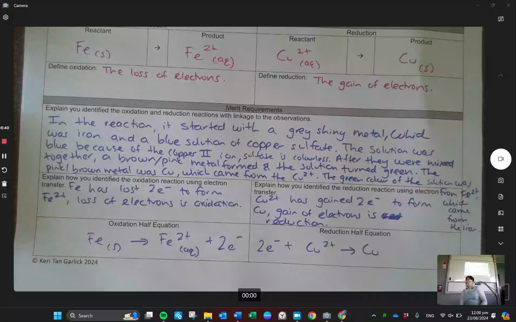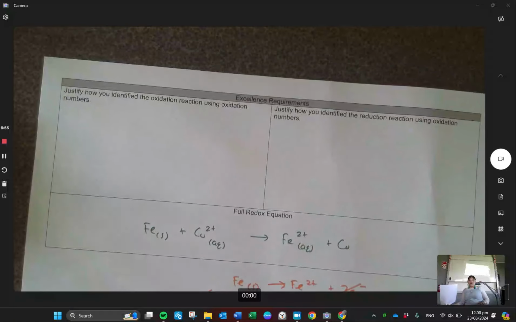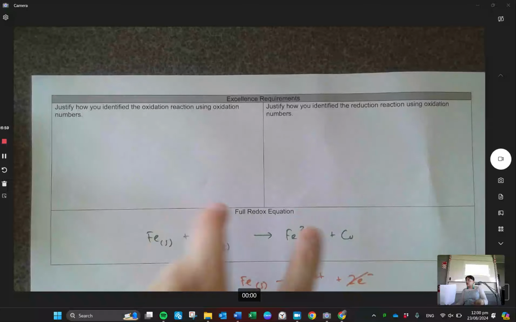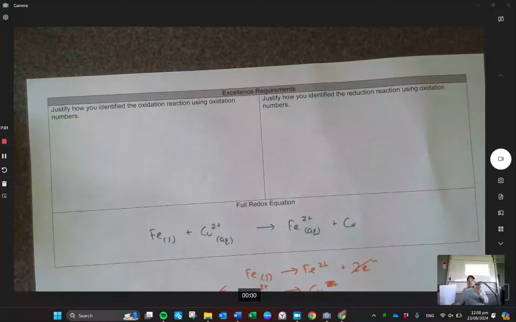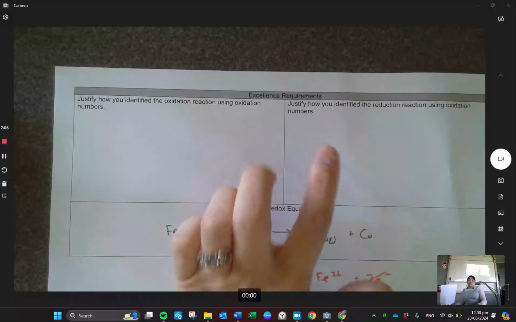All right. I'm going to quickly talk about the excellence because I think it's also kind of crazy to get how these credits break down. I will talk about this on Monday, which is using oxidation numbers to justify how you know which one's oxidation and reduction. When you actually look at the clarifications of the assessment, you are not required to do this.